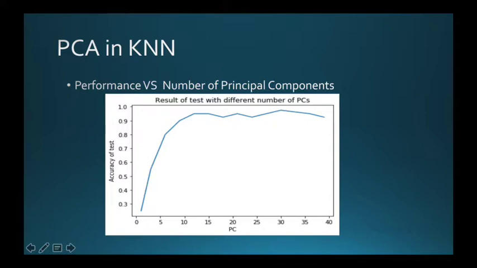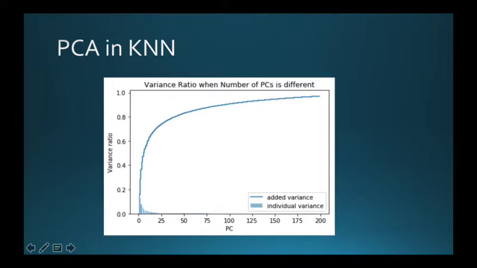It will give us 97.5% accuracy in recognition. These figures will explain the reason. As we can see, the first 30 principal components contain more than 80% of the information in the image, which is enough for us to classify the image.